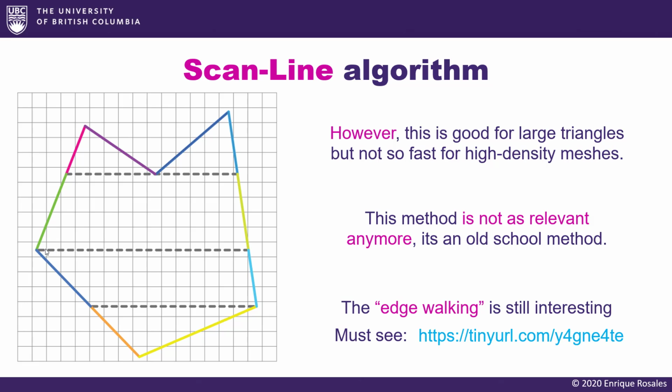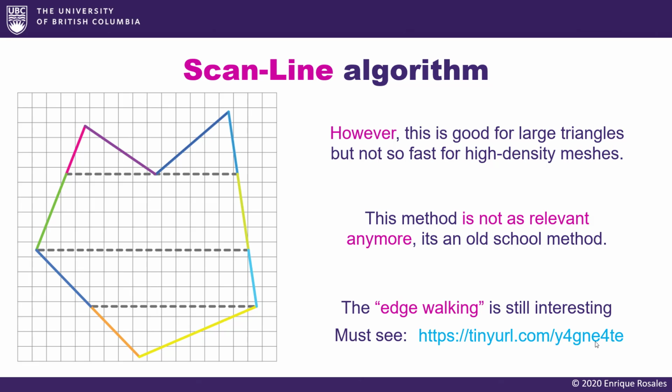And by just computing an increment factor, you can compute the actual correct coordinate for x, y, and z. And then for the next one, it's the same. Just use the same increment and compute the next one, the next one, the next one. So it's a very nice algorithm. It's called the edge walking algorithm. And again, you can read about it on this tiny URL.